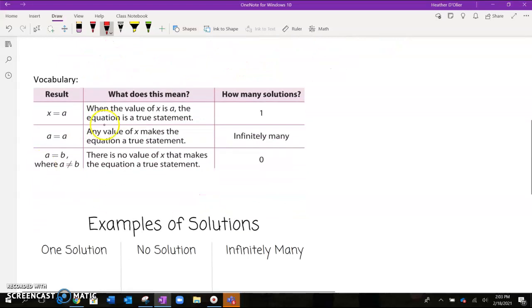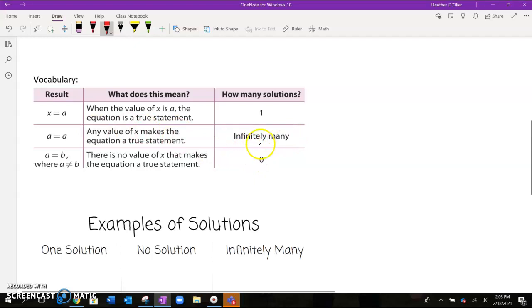Have some vocabulary, okay? So they're showing you when there's one solution. X, whatever your variable is, LMNOP, they're saying it equals a. It equals a number. Okay, when the value of x is a, the equation is a true statement. There's one answer, that's it. Down here they have a equals a, like one number equals its exact same number.